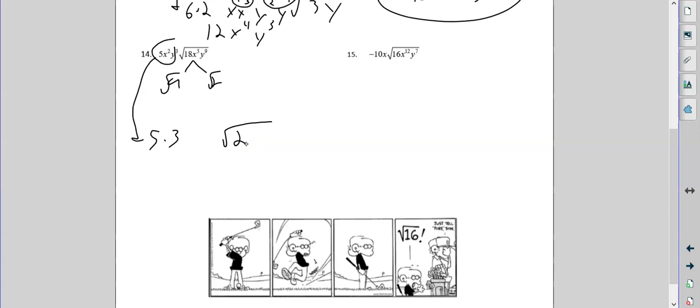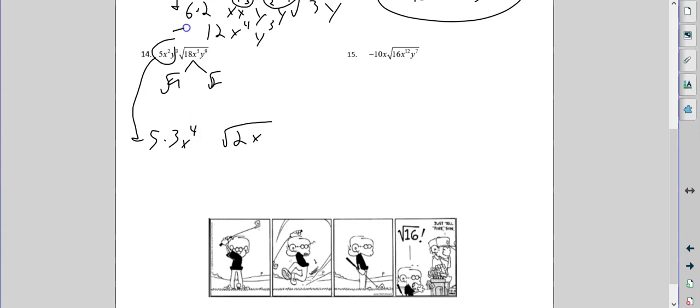And then the x's, I have 5 divided by 2. So I already had x squared. I'm going to show the other way now. X squared. Now on the inside I have x to the 5. So 5 divided by 2 is 2, leaving 1 behind. So I had 2. I'm adding 2. So I'm doing it here: 4.